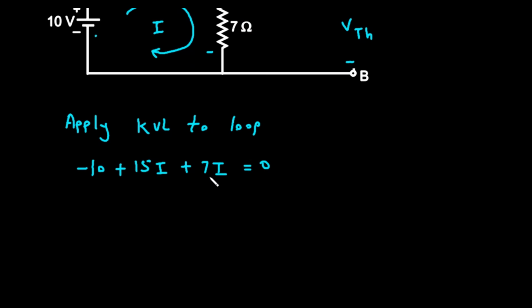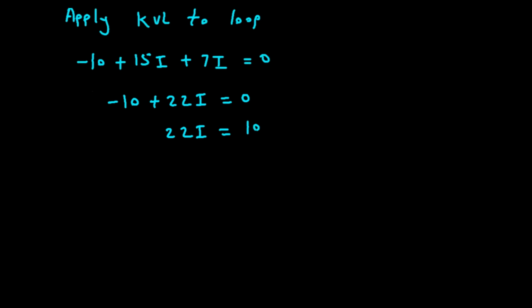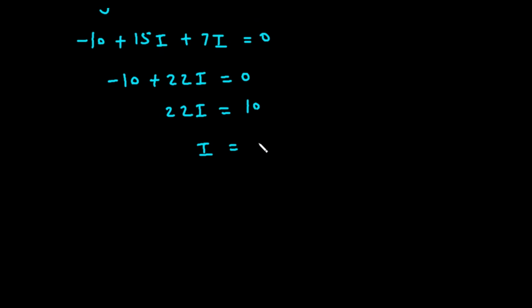Now here we can easily find the value of this I. So it will be minus 10 and this will be 15 plus 7, so plus 22I is equal to 0. If we take this on this side, it will be 22I is equal to 10. So therefore I is equal to 10 divided by 22 ampere.